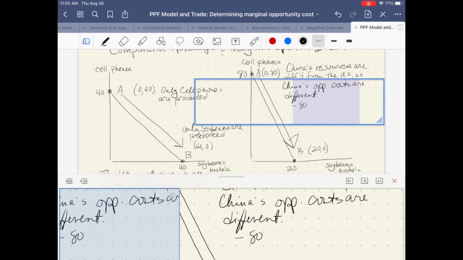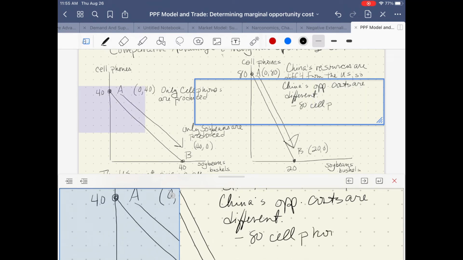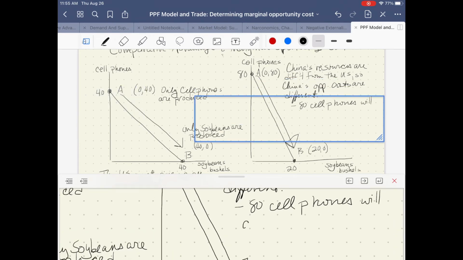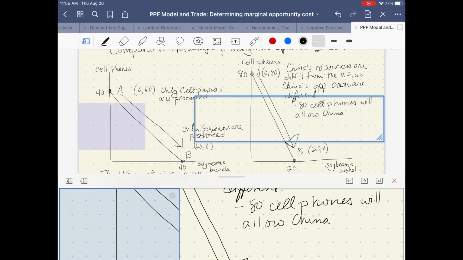And if we simplify this, total cost minus 80 cell phones will allow China to produce 20 bushels of beans. We will do the same process we did with the United States opportunity costs.